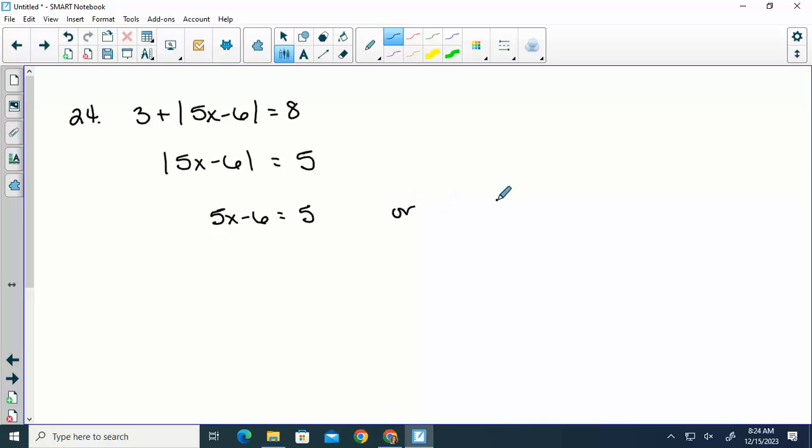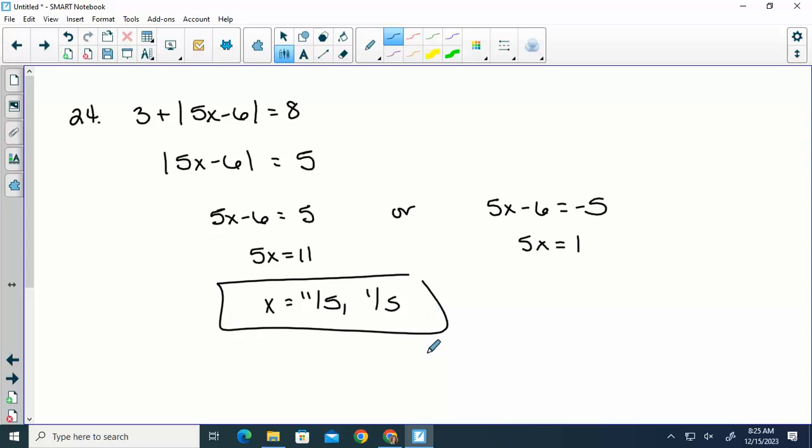The other one, you set it equal to a negative, because we know absolute value takes the positive or the negative number and turns it positive. So then we add our 6, divide, so we get 11/5 and 1/5. And what can you always do at the end of these?